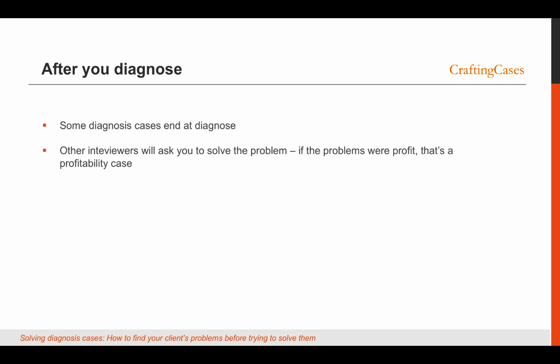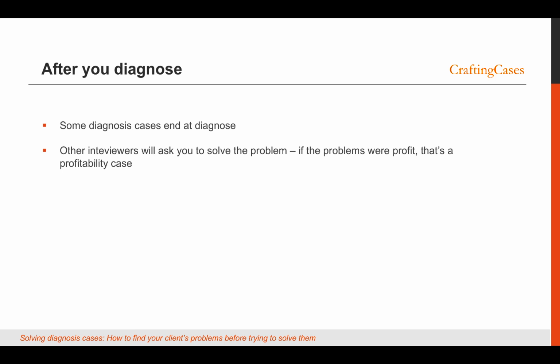So if the problem was profit, that would be a profitability case. So after you find out why BIC's profits have gone down, interviewers say, well, what should they do about it? And they turn this diagnosis case into a profitability case because the symptom was on profits.